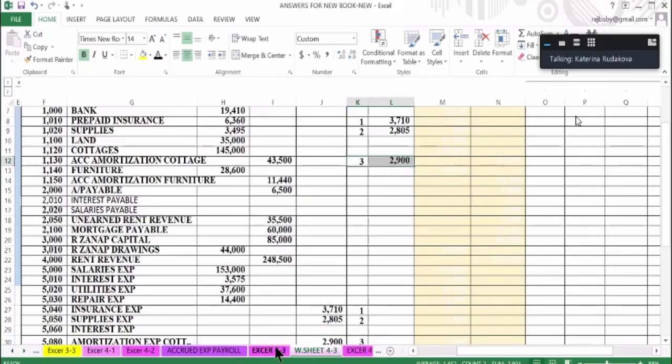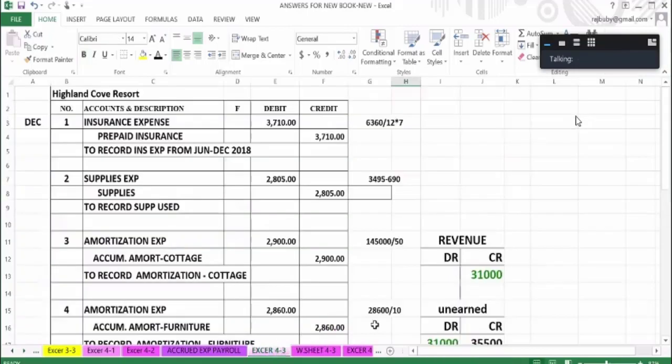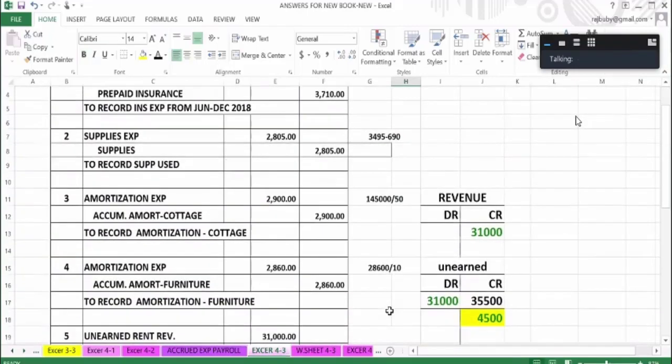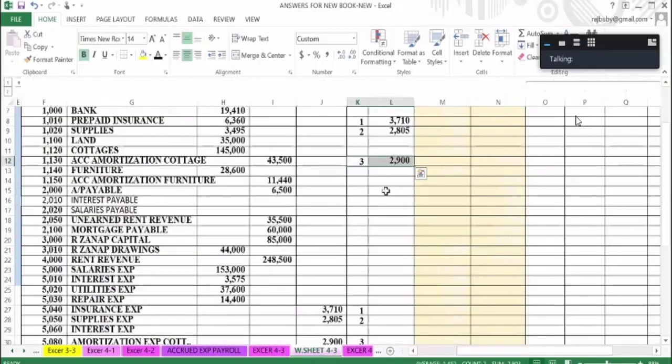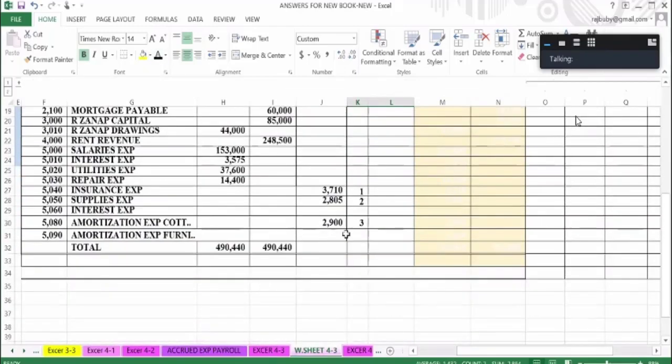Number 4. Amortization expense and accumulated amortization furniture.